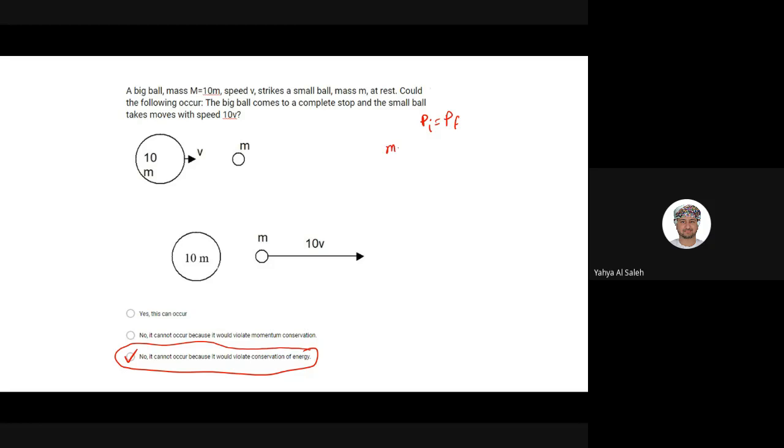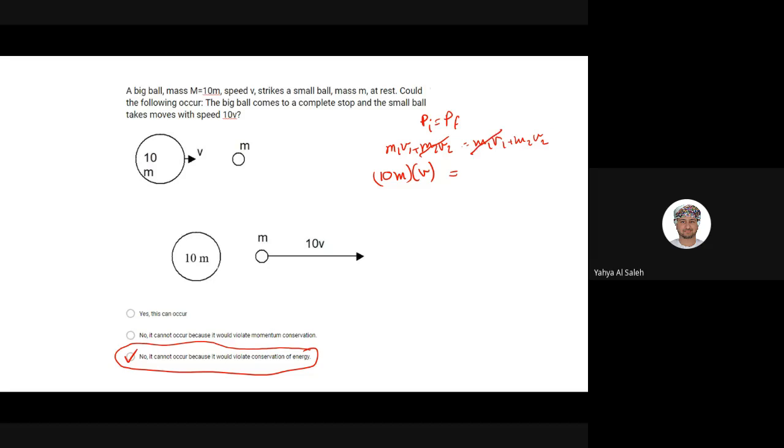Initially, we will have m1 v1 plus m2 v2 equals m1 v1 plus m2 v2. The mass of this first thing is 10m. Its velocity is v, so 10 mv. v2 is stationary, so this goes to 0.